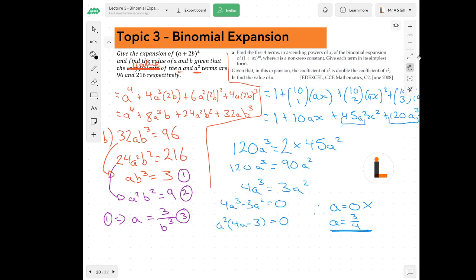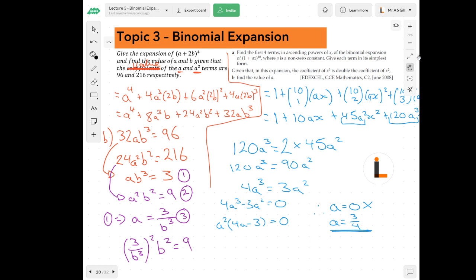So we're going to get, rather than A squared, we're going to write 3 over B cubed all squared, and then times B squared equals 9. So now here we then expand this bracket.